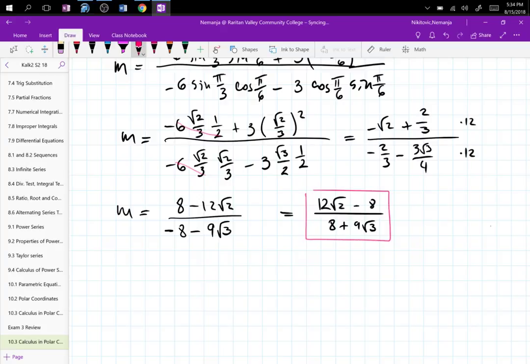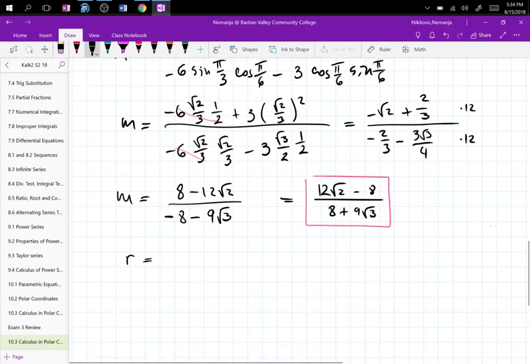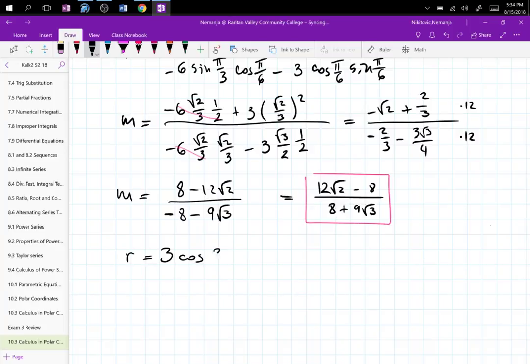Now, the question is, what's the rest? We need to find b. Now, to find b, you have to have a point x and y. What's x and y? We know it, yes, we have to plug in. So now we have that r is equal to 3 cosine 2 theta, and theta is equal to pi over 6.